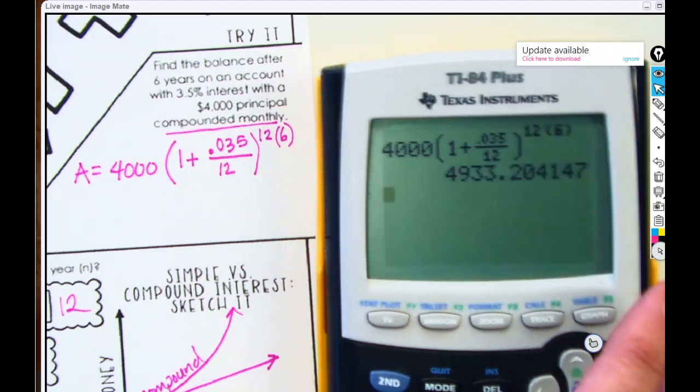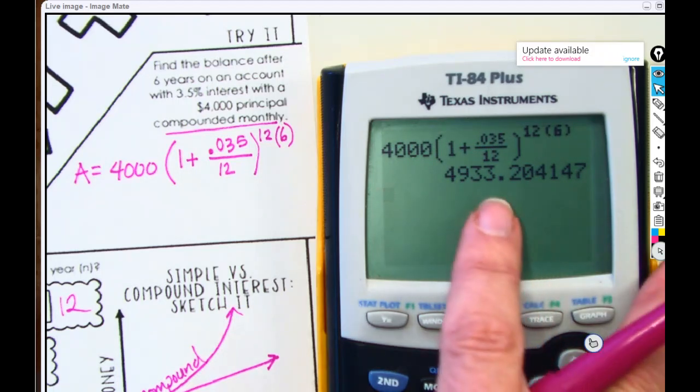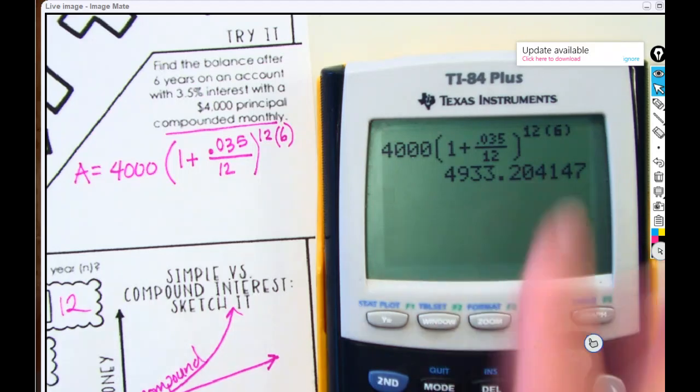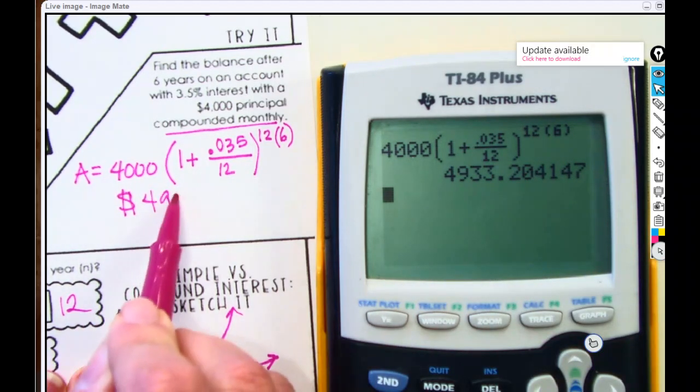Every year when I assign this problem, some of my students have the hardest time with whether it says round to the nearest dollar or round to the nearest cent. If this said round to the nearest dollar, we'd go $4,933.